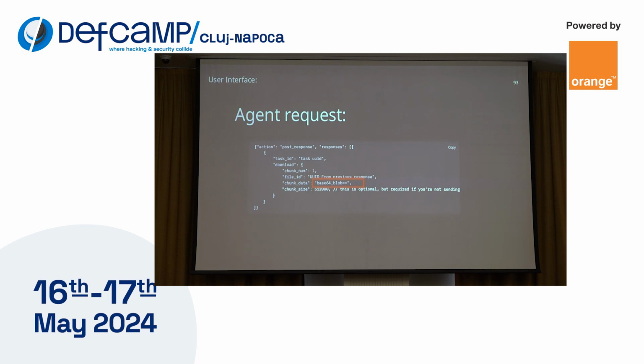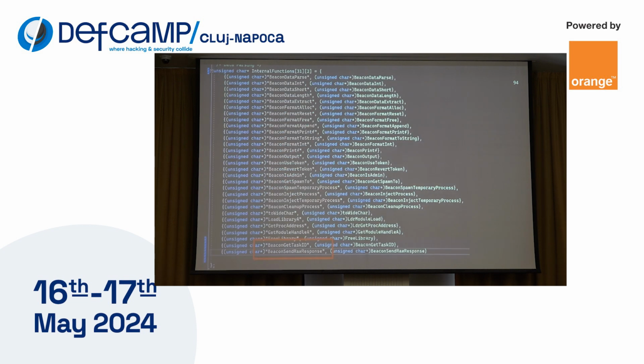Instead, we decided to write our own object file, and to do that, we have added two APIs to handle this type of command. The first one is to get the unique ID of a task. Otherwise, the server will not be able to differentiate between the tasks and responses from a server or from an agent. The second is beacon send raw response.